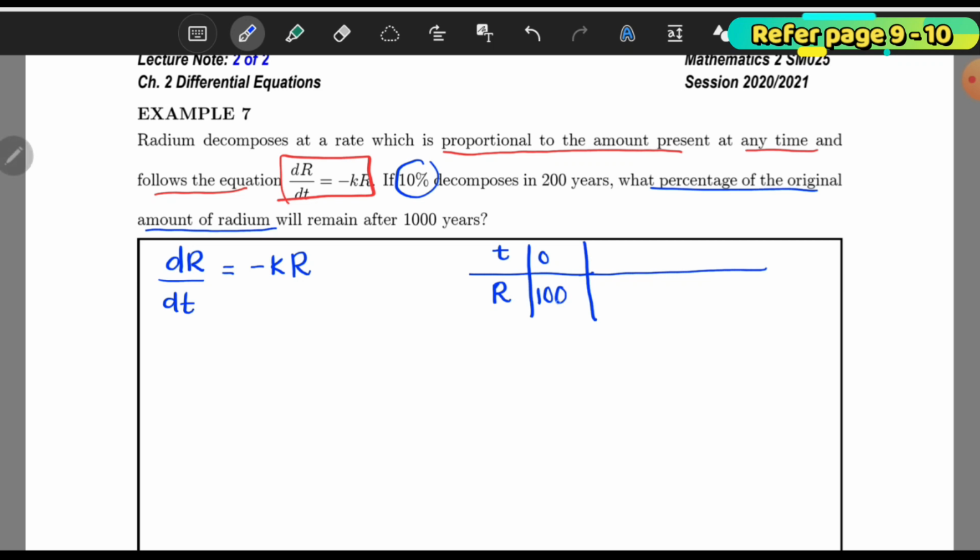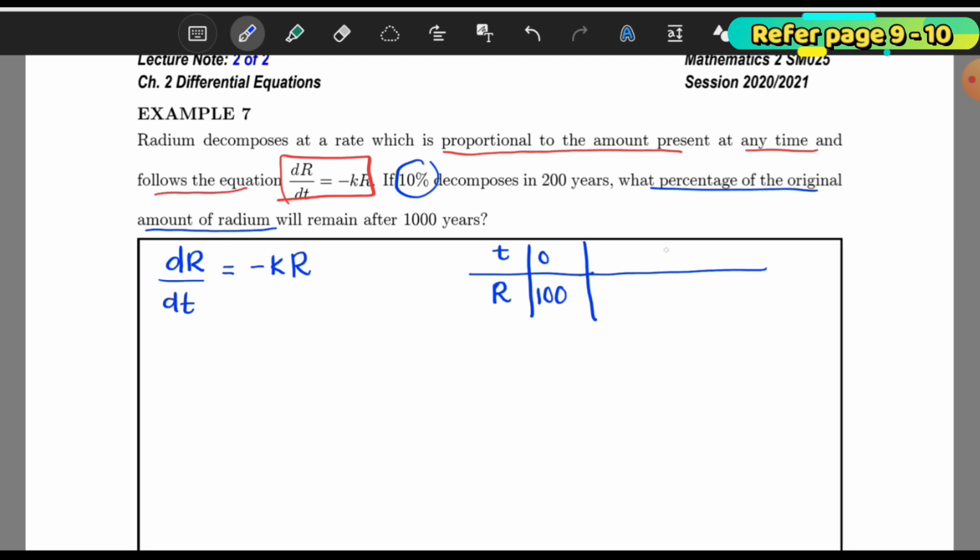So we state here 100 or 100%. But if the initial amount of the radioactive material is given, you need to use that given amount. For this case, the amount is not given, so we can simply assume the initial amount is 100%.